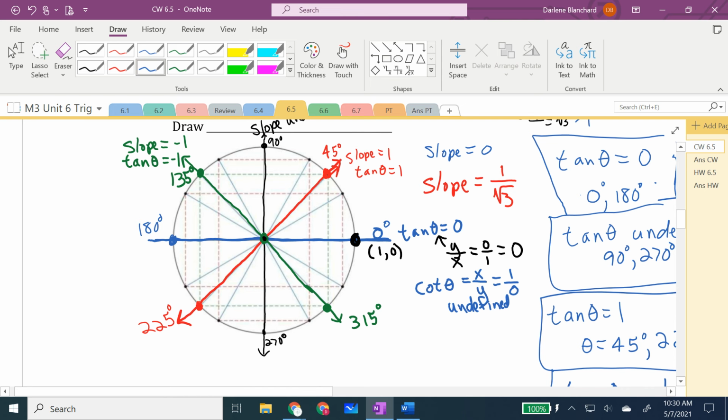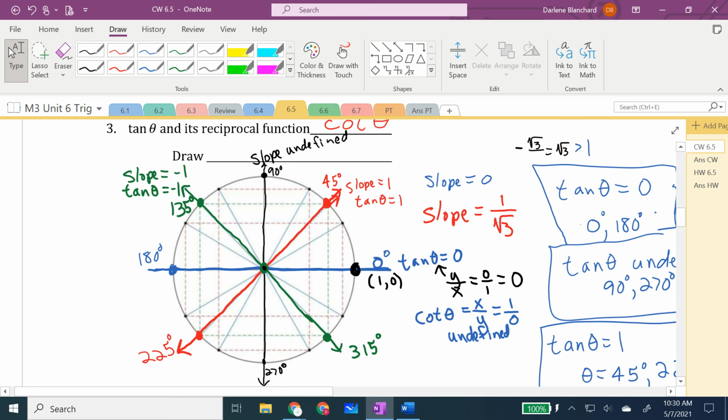So cotangent is undefined where tangent is 0. And then vice versa, where tangent is undefined, cotangent is equal to 0. And that's 90 degrees and 270 degrees. And let me point out also, the xy coordinate here is x coordinate 0, y coordinate 1.